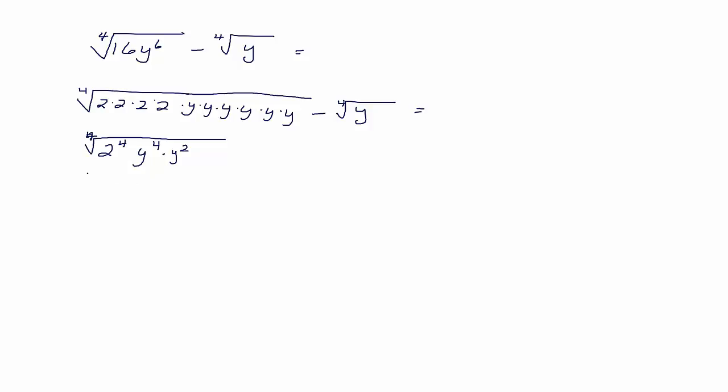The rules of exponents allow me to do this because y to the sixth is equal to any combination of anything that adds up to 6. So minus the fourth root of y. And I'm going to change this problem so it makes it easier. I'm cheating.